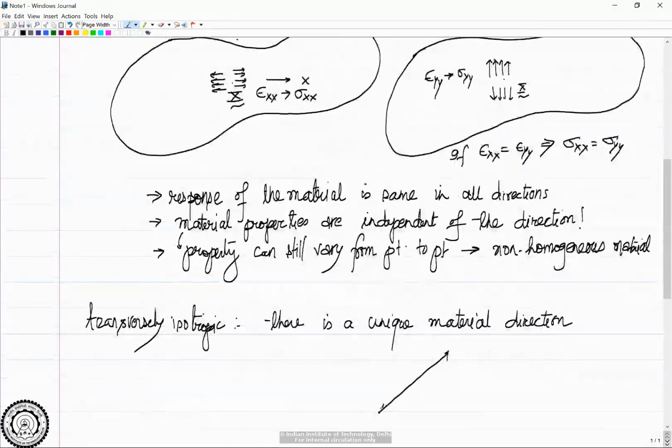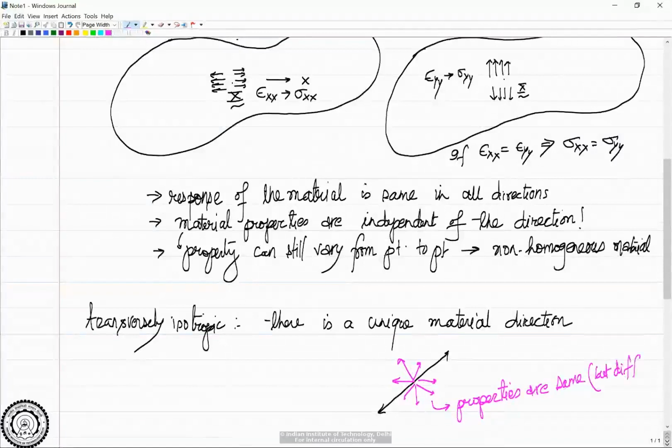And the property has some unique value in this direction. But for all directions perpendicular to it, their properties are the same, but different from that unique direction.